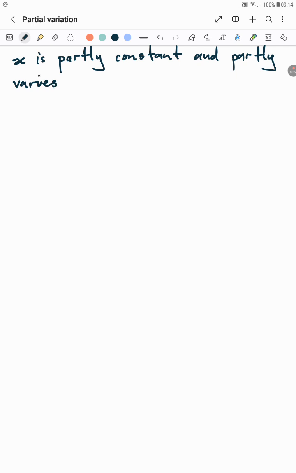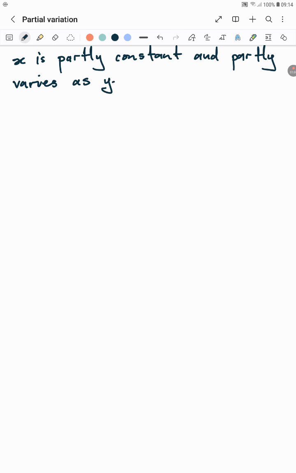explaining through an example. Let's say you have a question that says x is partly constant and partly varies as y.